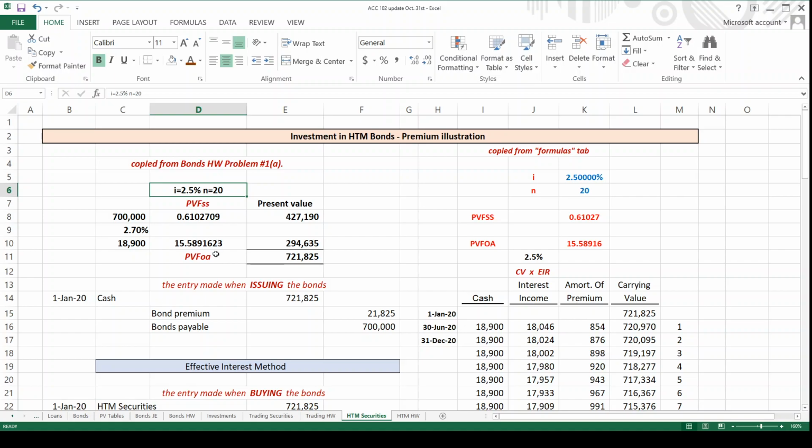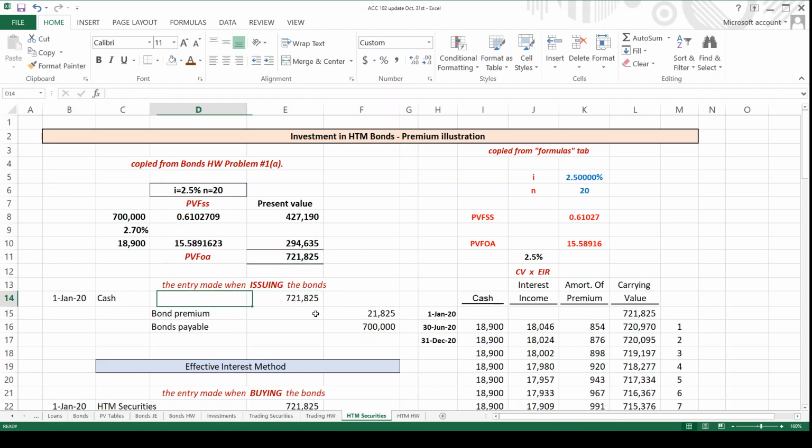And the term was 10 years, so we doubled it and made it 20. We came up with this number. It was actually $1 different. That's because these factors were somewhat truncated in the original calculation. In any event, I'm going to go with that number, 721,825.